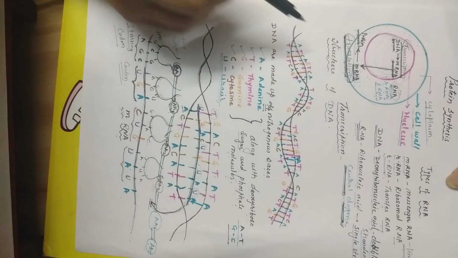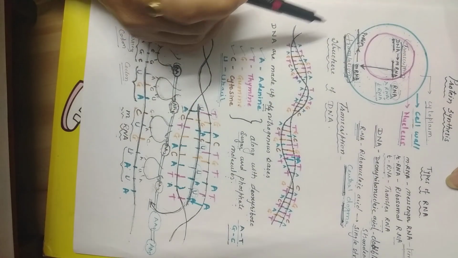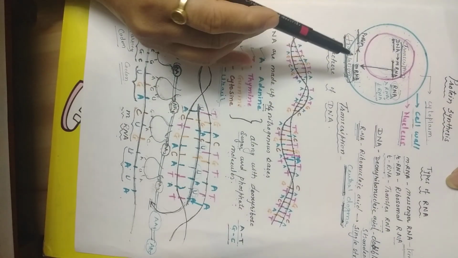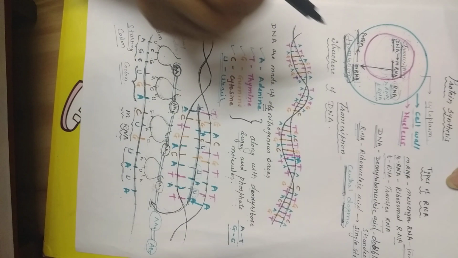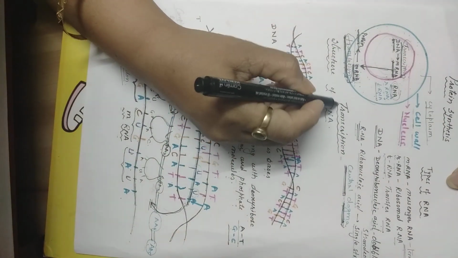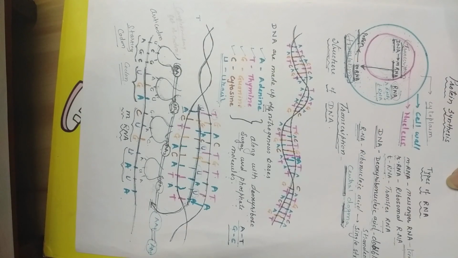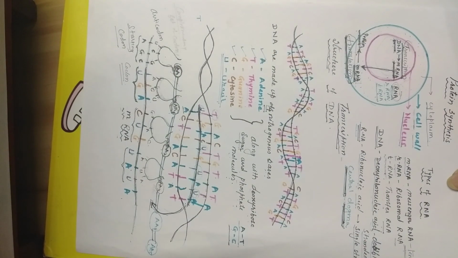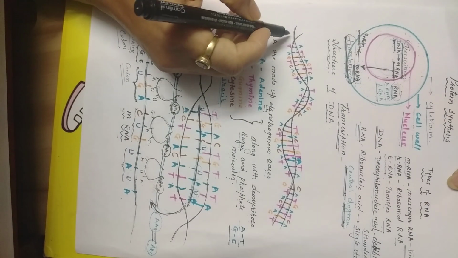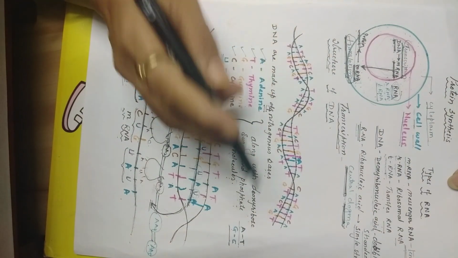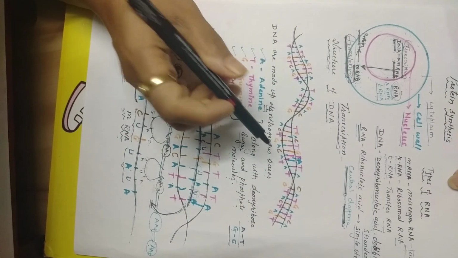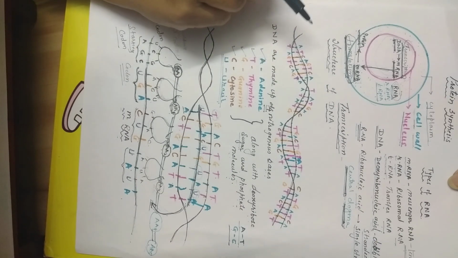So let us see the structure of DNA first. Last year we have already learned the structure of DNA. It is a double stranded structure, two strands are there. It is a ladder like structure and it is twisted around itself, and this DNA is made up of 4 nitrogenous bases.